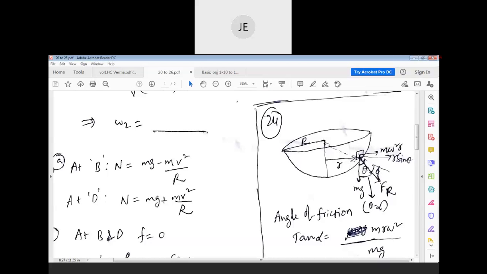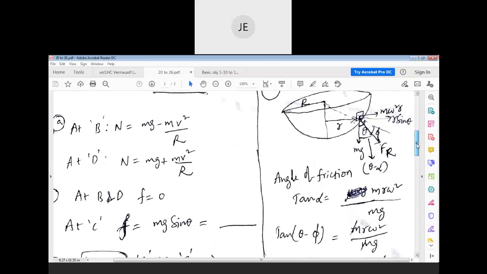So the remaining angle will be theta minus phi. Sorry, theta minus phi it should be, not theta minus alpha.